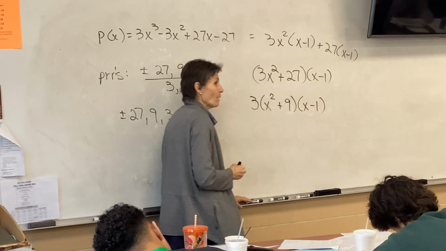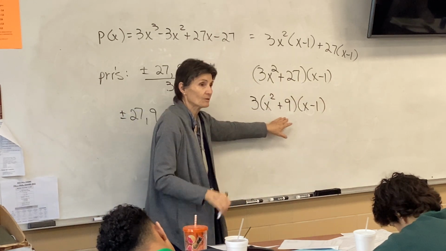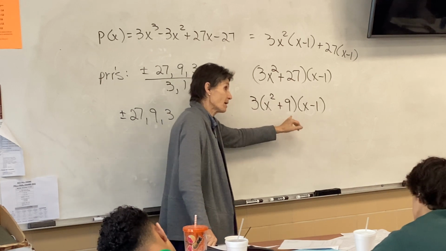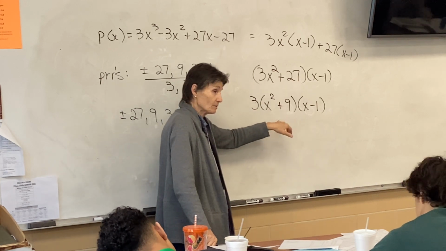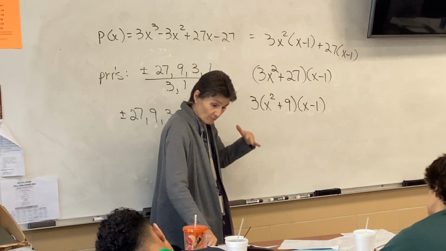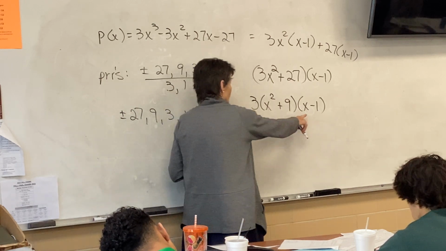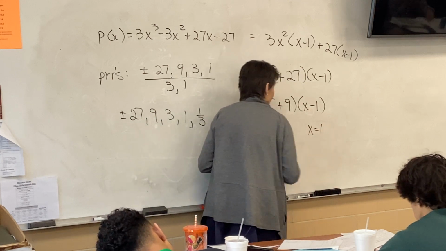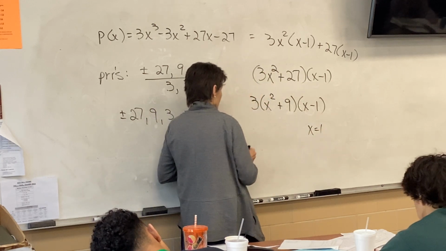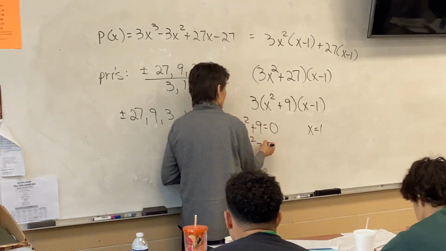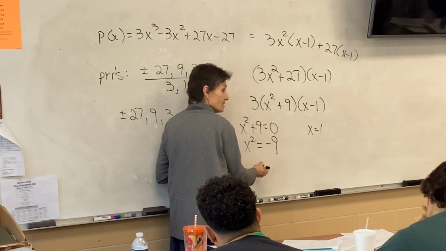Now, this is a little wacky. This doesn't factor. Why not? It's not a minus, it's a plus. That doesn't factor. So from here, I have to figure out my solutions. Well, clearly, x is 1. x squared plus 9 is 0, so x squared is negative 9.